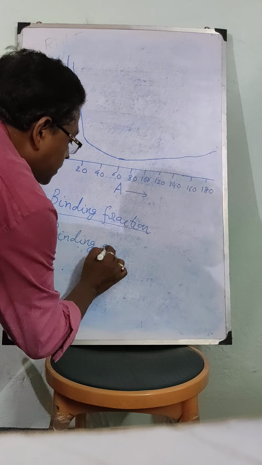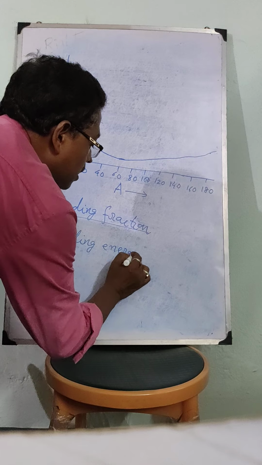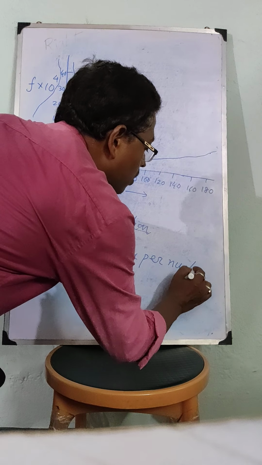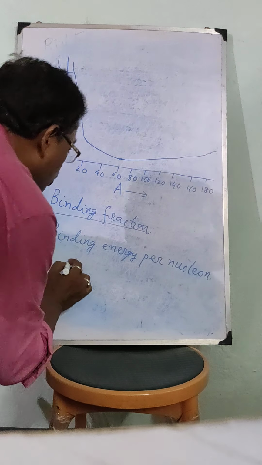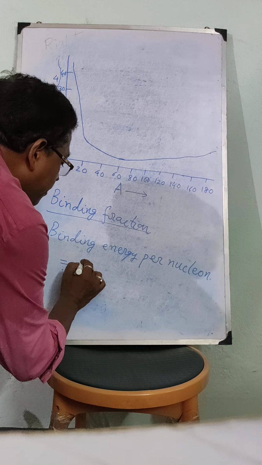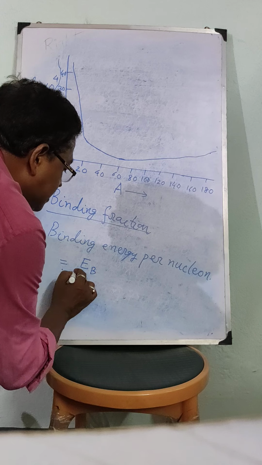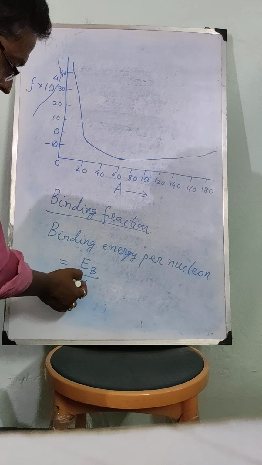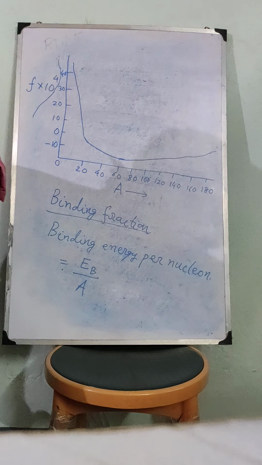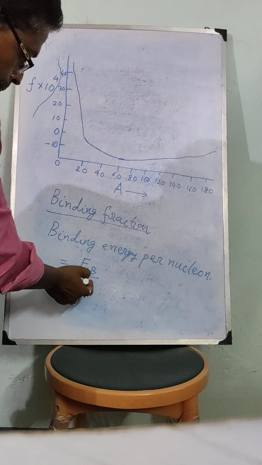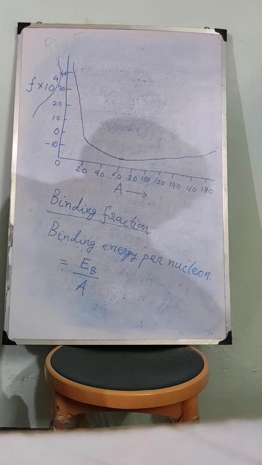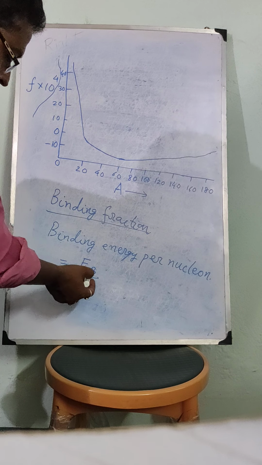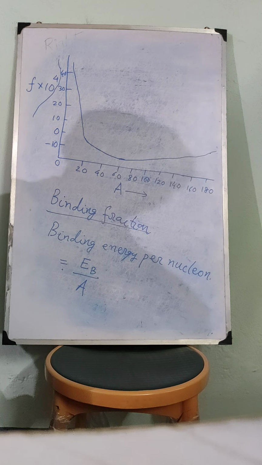So this is equal to EB, the binding energy, divided by the mass number, because the mass number is the total number of nucleons, that is the total number of protons and neutrons inside the nucleus. So binding fraction is the binding energy per nucleon.